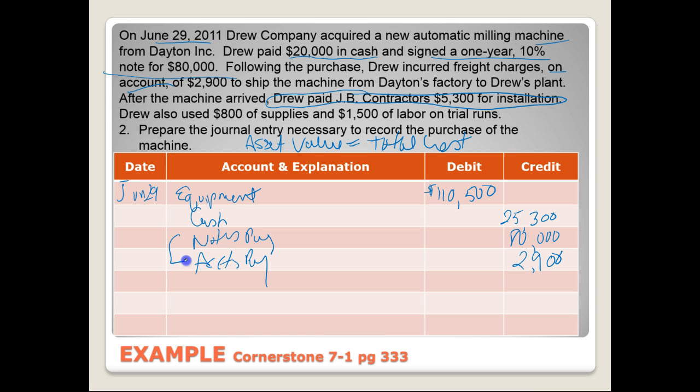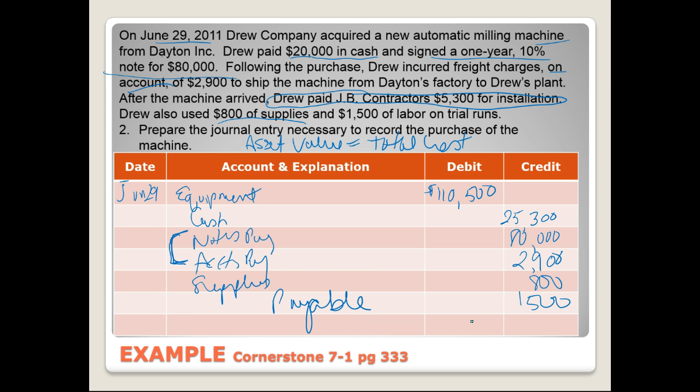Note, both of these, accounts payable and notes payable, are both increases in liability accounts, so those are credits. And then we also used supplies. So we are going to credit our supplies account. Our supplies is an asset account, but we're using those supplies now, so we need to decrease it with an $800 credit. And we use labor, which is wages payable, another liability account for $1,500.